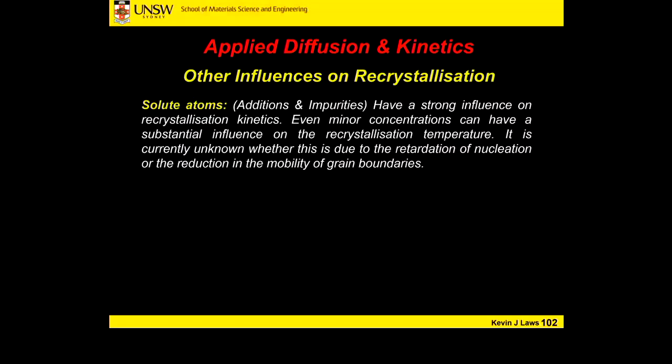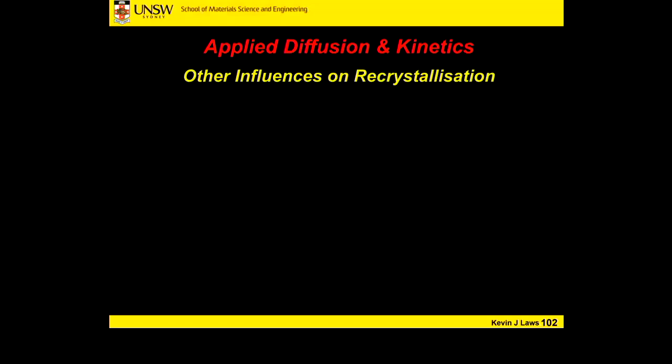Other influences on recrystallization. We've already learned through classic nucleation two different cases, homogeneous and heterogeneous nucleation. In heterogeneous nucleation, we're providing a site that has a lower energy for the nucleation and growth of a new phase, an inoculant or something like that.